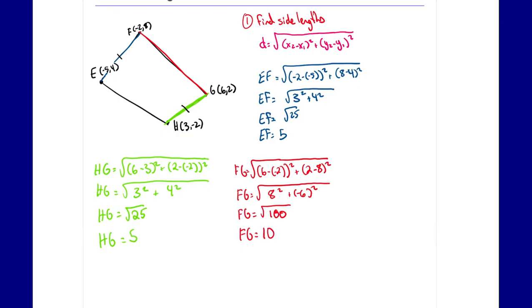And that doesn't mean anything right now, right? That's just the length. I do need to double check that EH, this one here, is also the same. So EH should work out to 10. So we have 3 minus -5 squared plus -2 minus 4 squared.